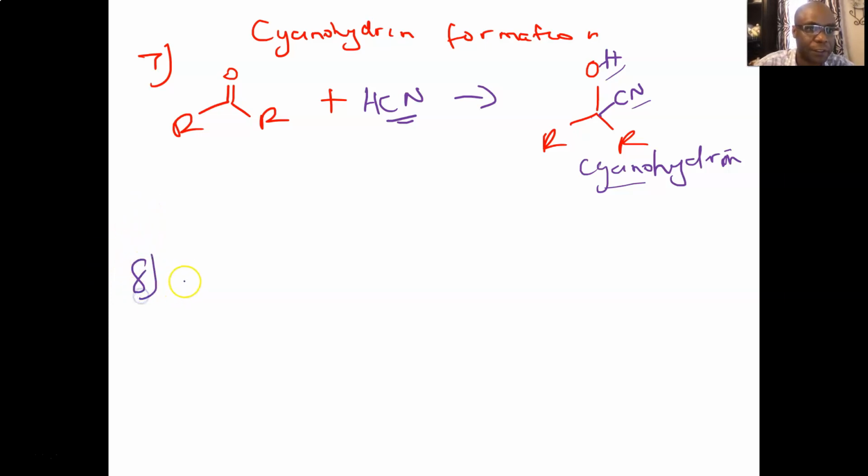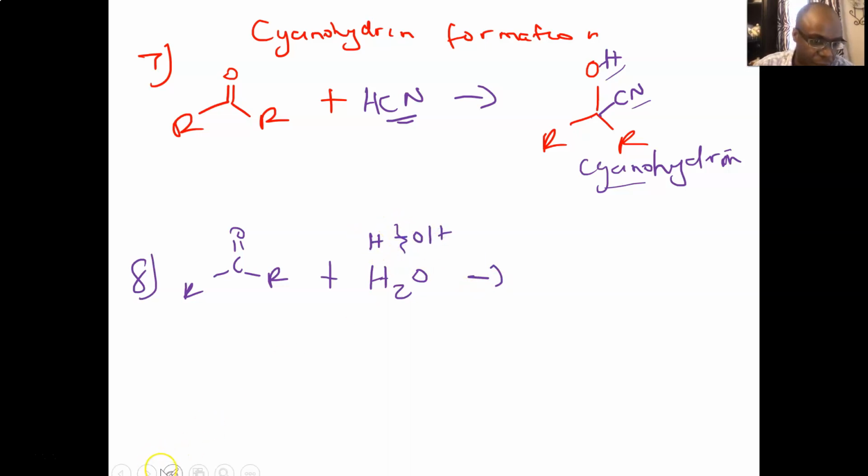That's not the only reaction. We also did addition of water, which gives you geminal alcohol. You know, water is just H and OH. So let me use a different color code here for water.